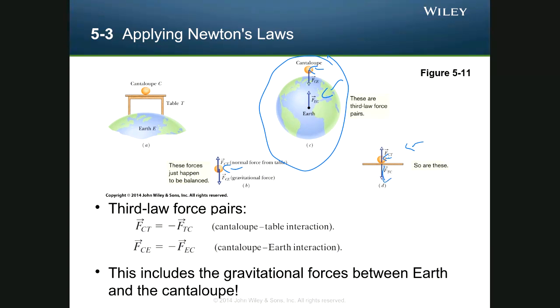It's not the gravitational force. So that's what makes these a third law pair. You're looking at the interaction between the cantaloupe and the floor. And that's what makes this a third law pair. But you'll notice that there's two bodies here, two bodies here, and one body here. Okay?